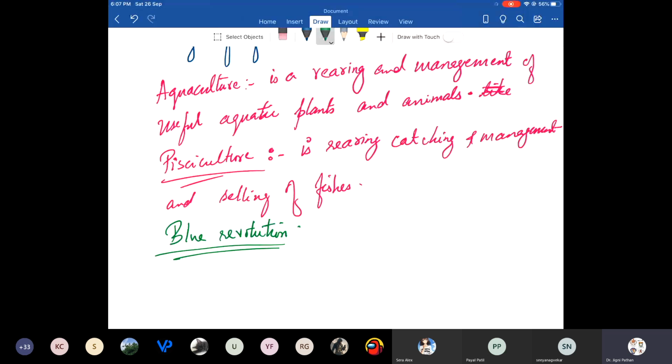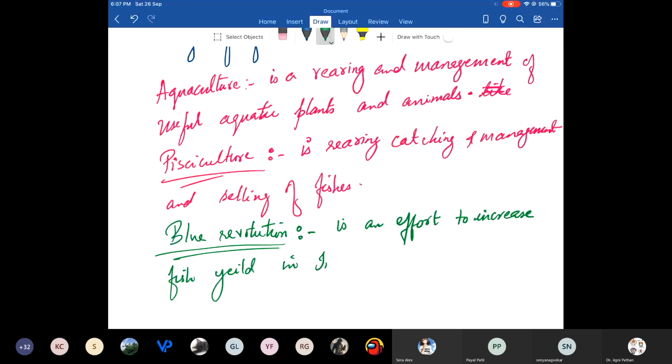It is an effort to increase fish yield in India. Important MCQ.